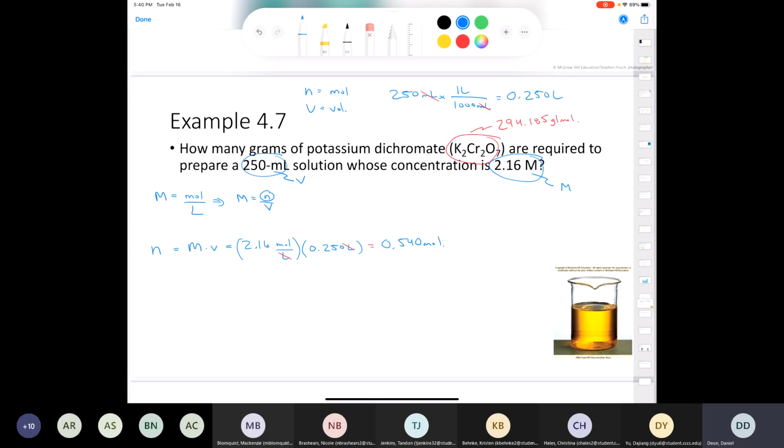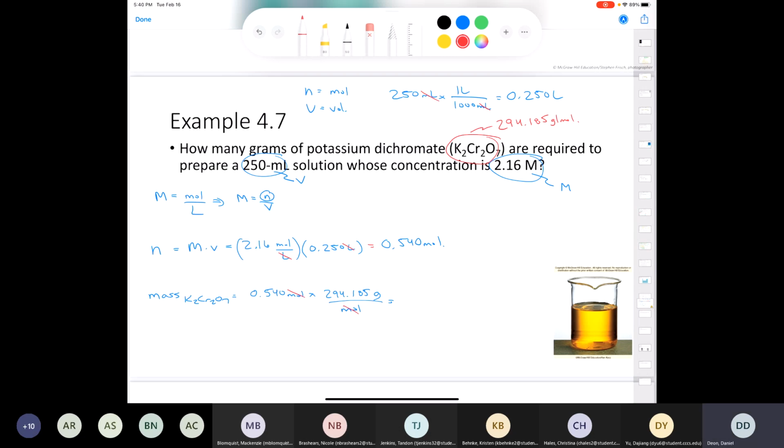So now we have the number of moles and we have the molar mass. If we want to find the mass of our potassium dichromate, the mass of K2Cr2O7 is equal to the number of moles, 0.540 moles, multiplied by 294.185 grams per mole.